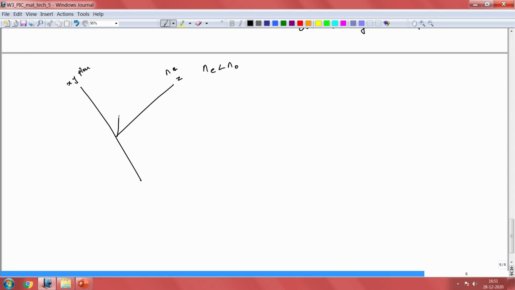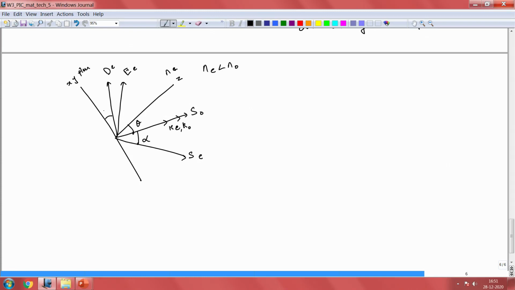We have the extraordinary here and DE here, and S ordinary and S extraordinary. KE and K naught are the same line. This is theta, and this is our alpha.